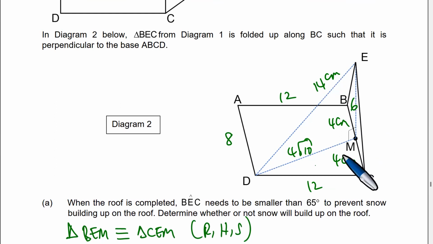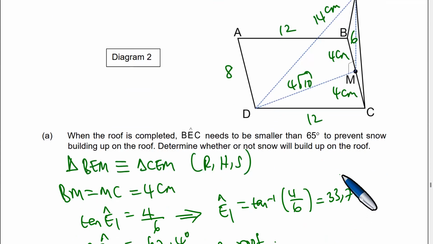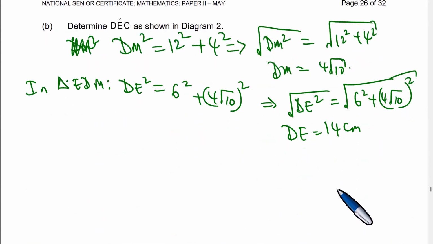Then we need to find now the sine of DEC. The sine of DEC is going to be, because this is perpendicular, exactly opposite over hypotenuse.